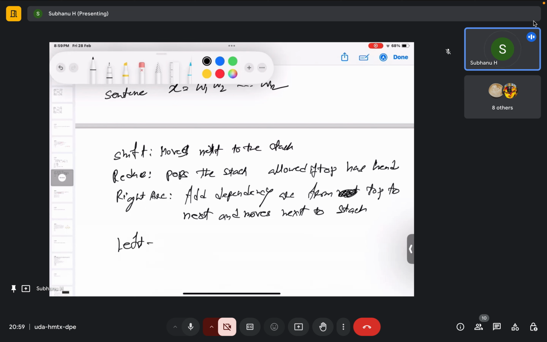Then I have left arc: it adds a dependency arc from next to top and pops the stack. Okay, so this is the case.